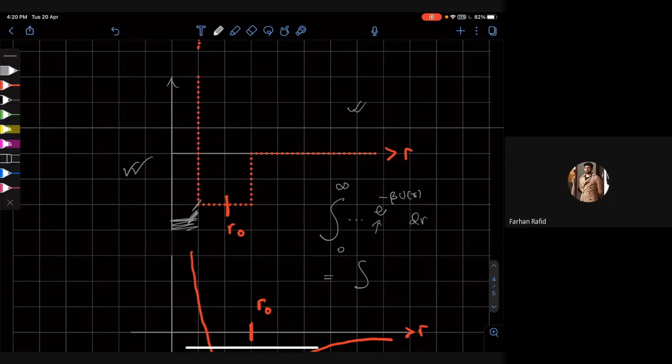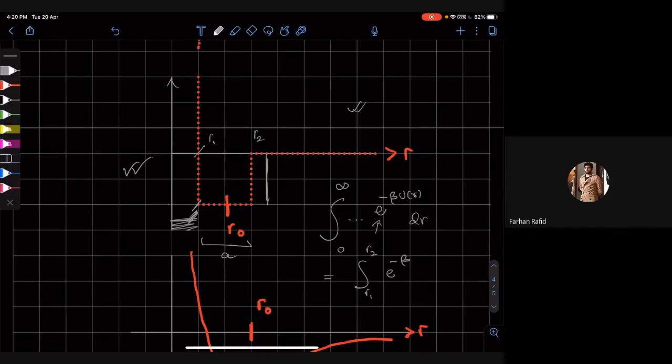So this integral will become an integral. Let's call this R1, and let's call this R2. Then this integral will become something from R1 to R2, say with a factor A, and then you will have e to the power minus beta times minus whatever the depth is.